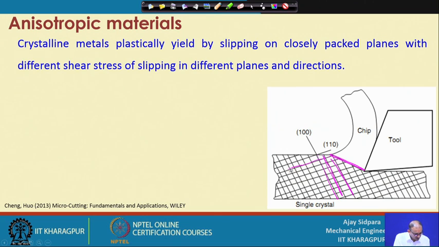Crystalline metals plastically yield by slipping on closely packed planes with different shear stress, slipping in different planes and directions. So, these are two different planes; let us take these two different planes and directions. The 100 plane has this direction and the 110 plane has this direction. So, when your tool is cutting this material, we have seen that these particular chips are something like this.